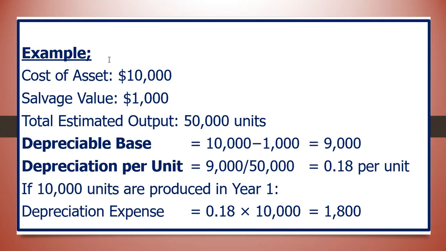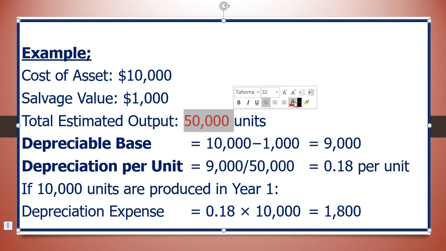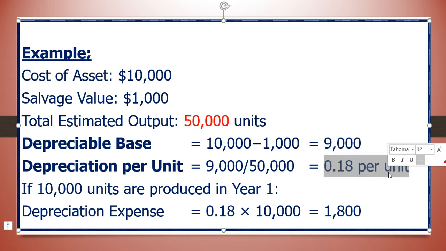Then depreciation per unit, of course, you get the depreciable base divided by the estimated output. So it will be 9,000 divided by 50,000, because the estimated output is 50,000 here, to get 0.18.